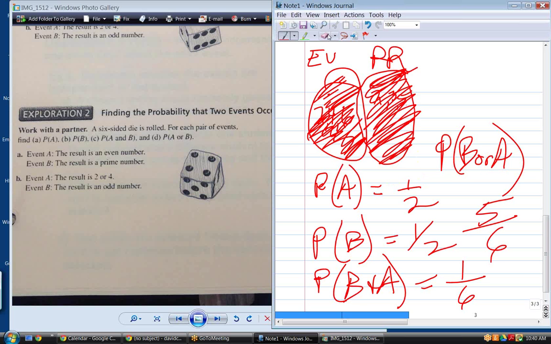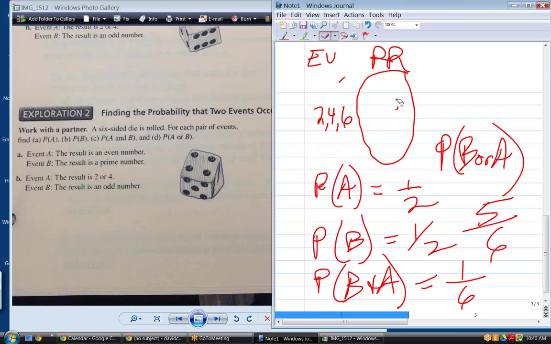Each one of them had 3 numbers in them. So the total was 6, and there was 1 in the overlap. So when you do B or A, it's the probability of B plus the probability of A minus the probability of their union.